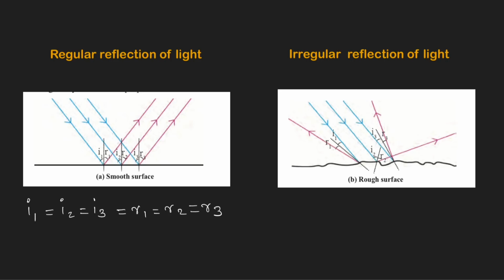That's why the angles of incidence are not equal, meaning i1 is not equal to i2 is not equal to i3. Similarly, the angles of reflection are also not equal. In both images, we have to understand that the laws of reflection are followed in both, but because of the smooth surface and rough surface we get different results.